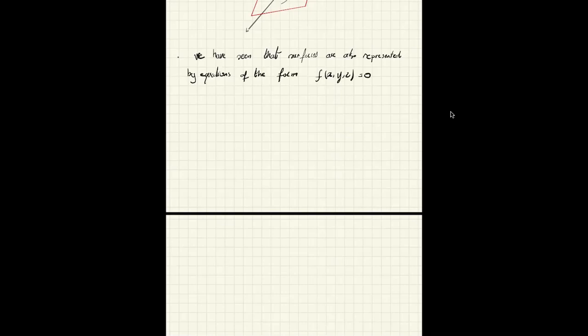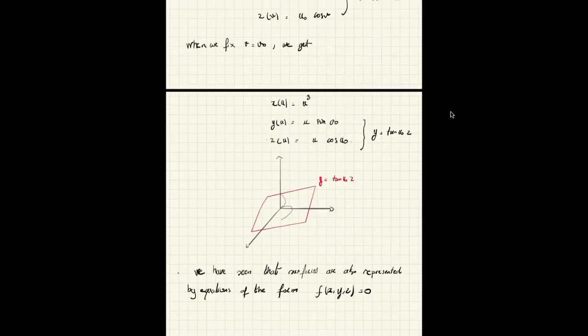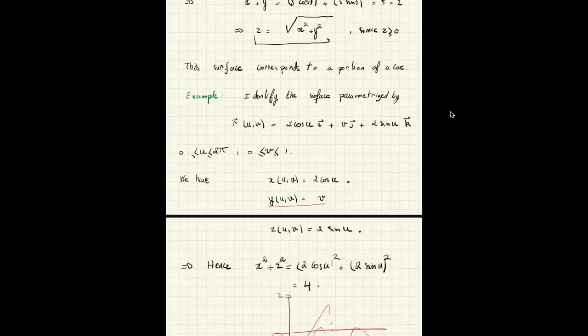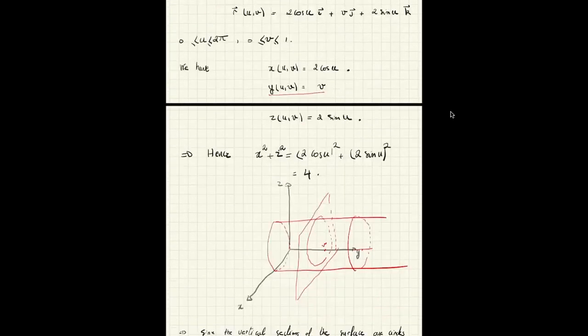So in the following examples, we will go from the other side. Remember what we did: we started with a surface that is parametrized, and we converted this representation into an equation of x, y, and z. We did that with the cone, and with the cylinder, because this is an equation of a cylinder.